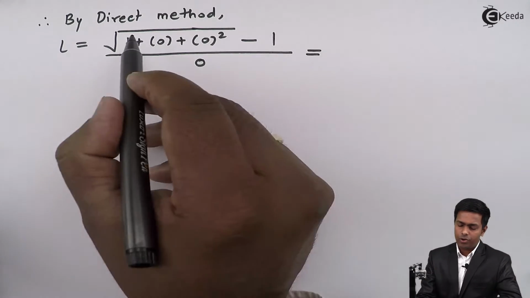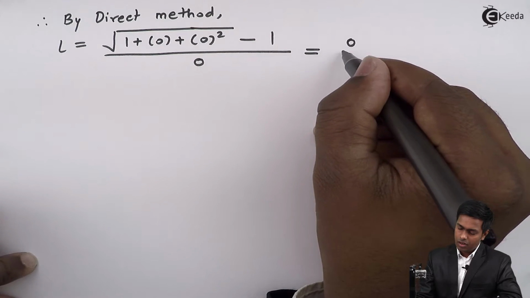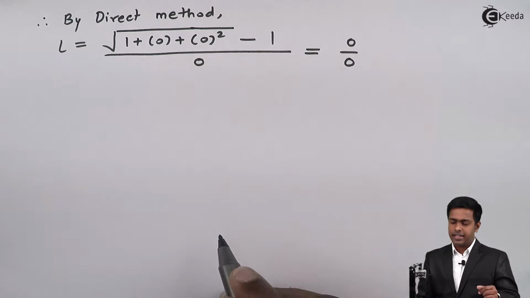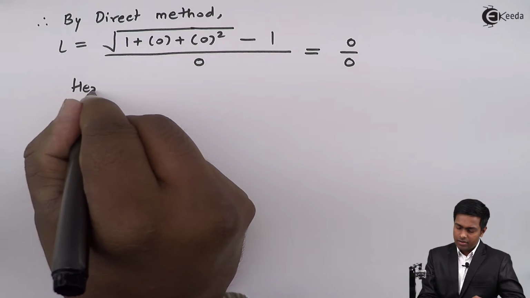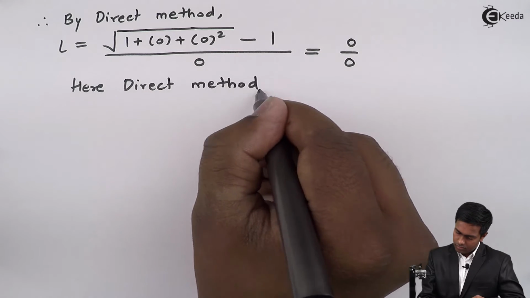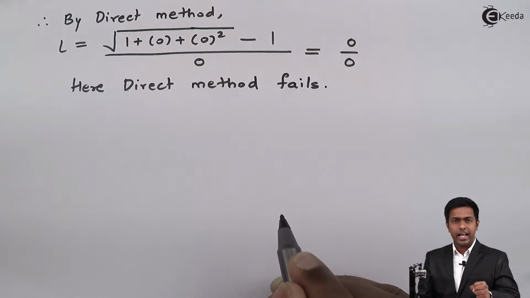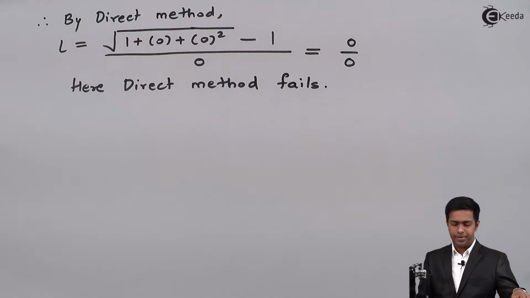Now square root of 1 is 1, minus 1 is 0 upon 0, and since we are getting 0 upon 0 by the direct method, the direct method fails, and whenever the direct method fails, we look for some other method to evaluate the limit.